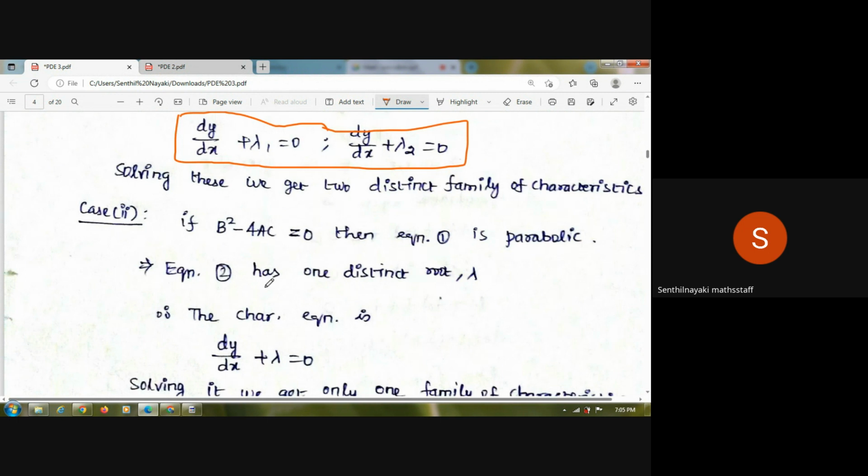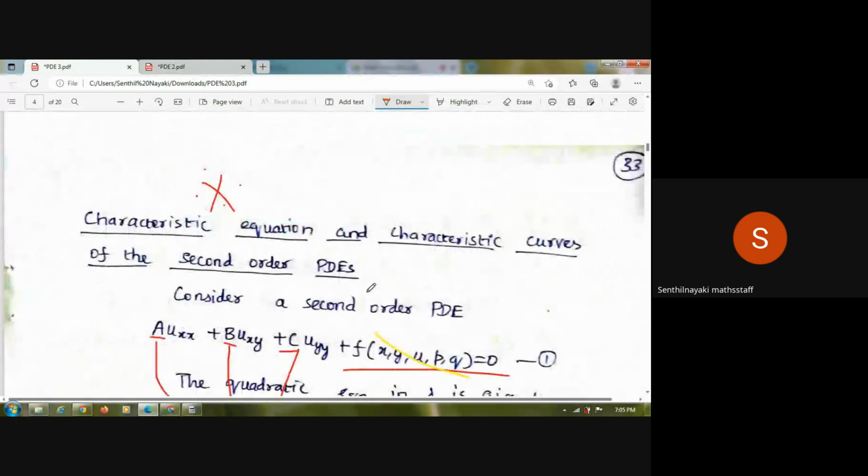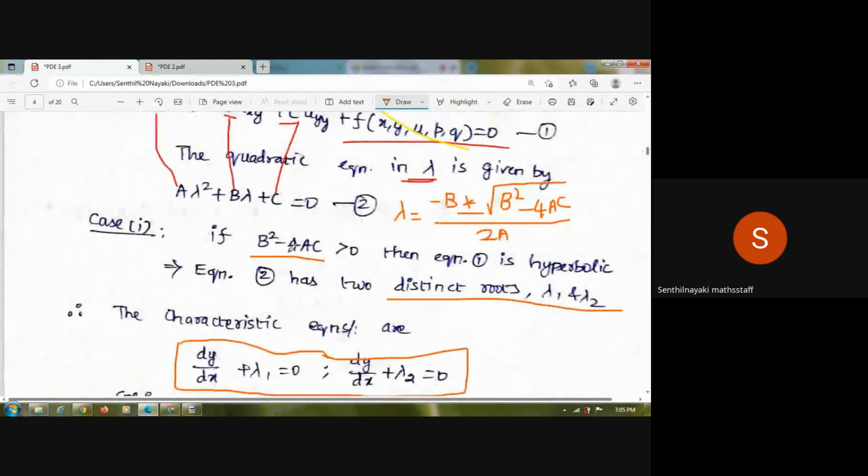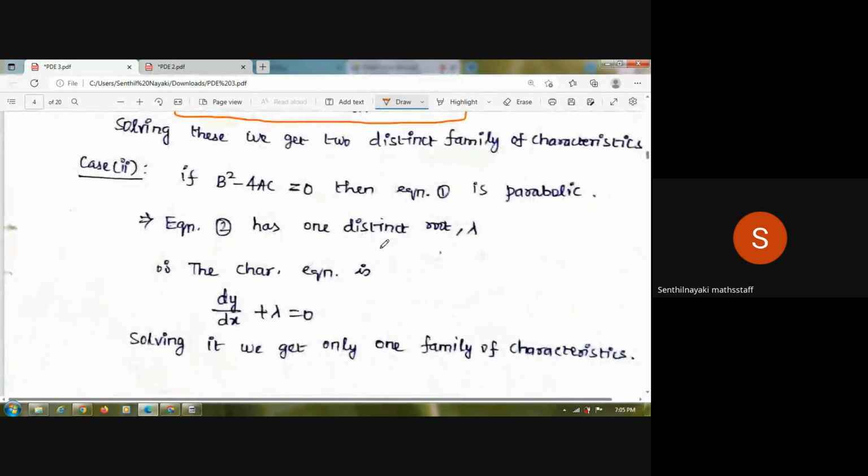Therefore, equation 2 has this quadratic equation. This quadratic equation has a single real root. So a single root means we get only one characteristic equation, dy by dx plus lambda equal to 0. Solving this equation, we get one family of characteristics, because only one root is there.